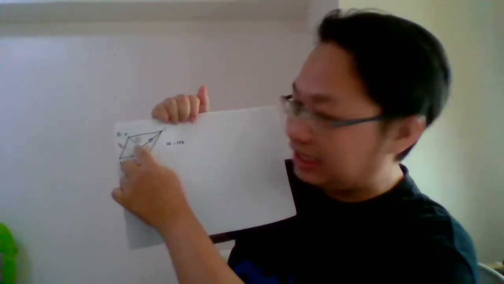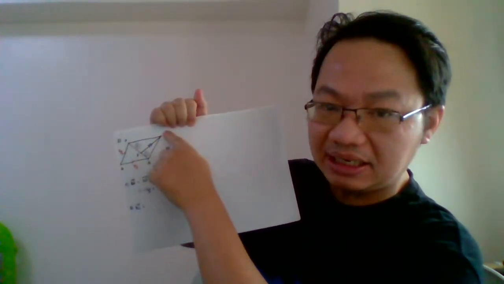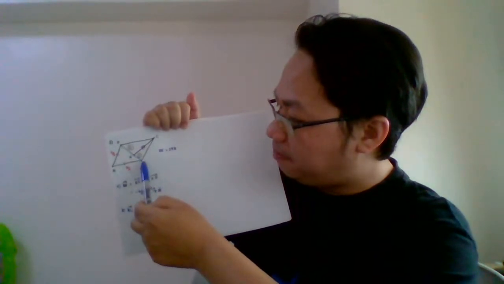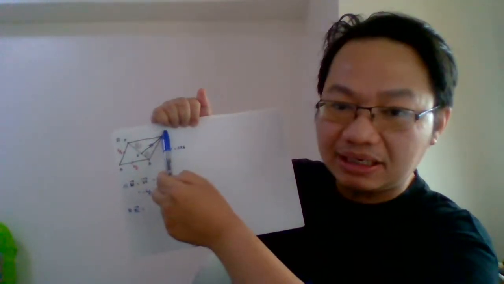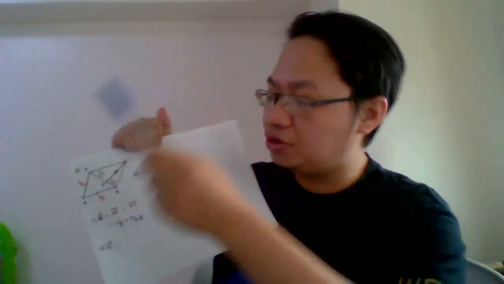Number 1, EC equals ED plus DC, or EB plus BC. There are 2 ways, so you can choose either one. Both will give you the same answer, don't worry. I will use the long journey. So the long path here is to find EC, I let it equal ED plus DC.